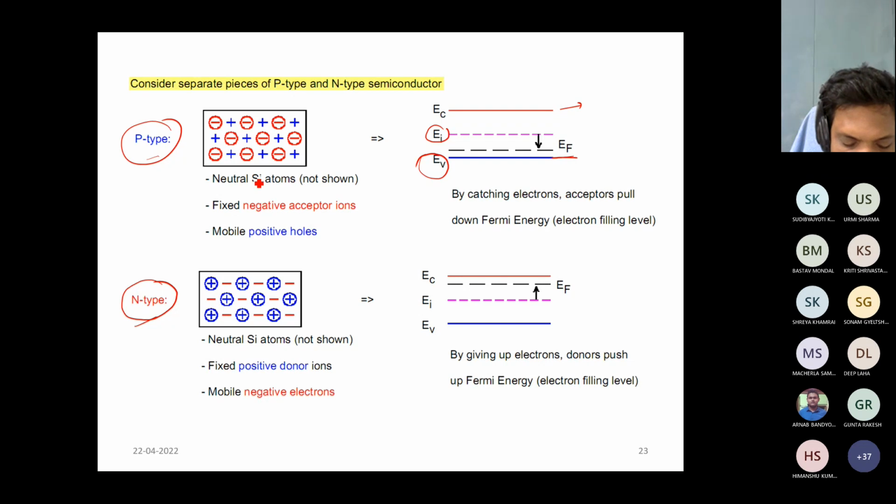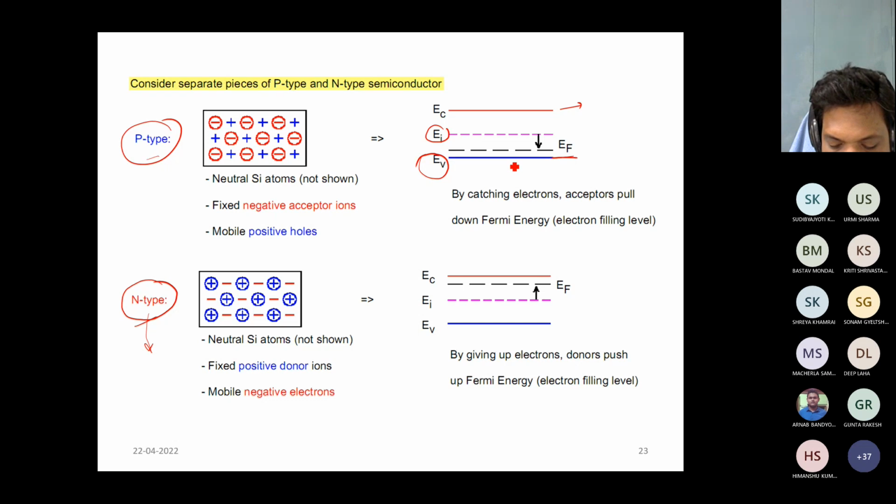For p-type, it can accept electrons, which provides additional holes, and for n-type it gives electrons. So for n-type, mostly the carriers are electrons, and for p-type they are holes.